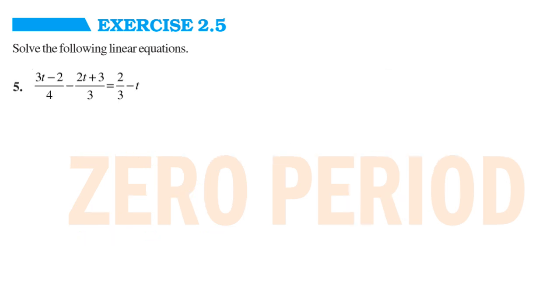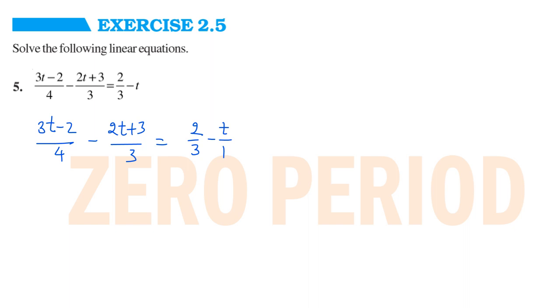This is question number 5. So many methods can be used to solve this question. One of them is this which I am using. 3t minus 2 upon 4 minus 2t plus 3 upon 3 is equal to 2 upon 3 minus t upon 1, you can write.